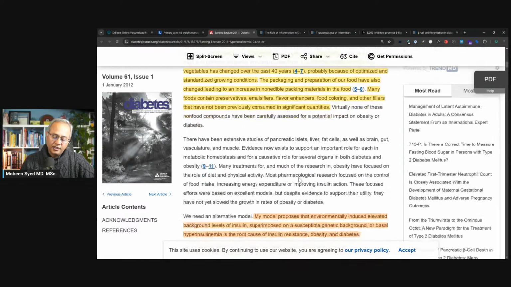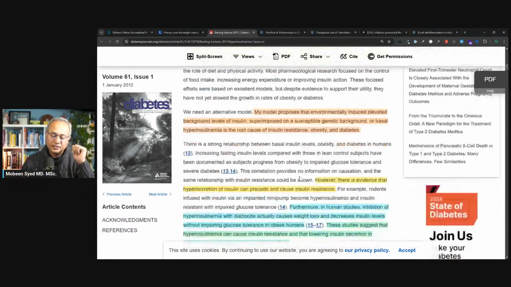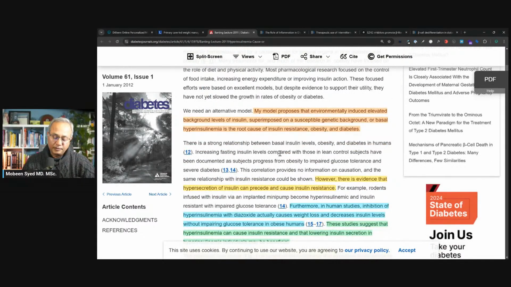So, here she's saying, and this is published in Diabetes Journal. So it's not some article on a site somewhere. My model proposes that environmentally induced elevated background levels of insulin superimposed on a susceptible genetic background, or basal hyperinsulinemia, is the root cause of insulin resistance, obesity, and diabetes.